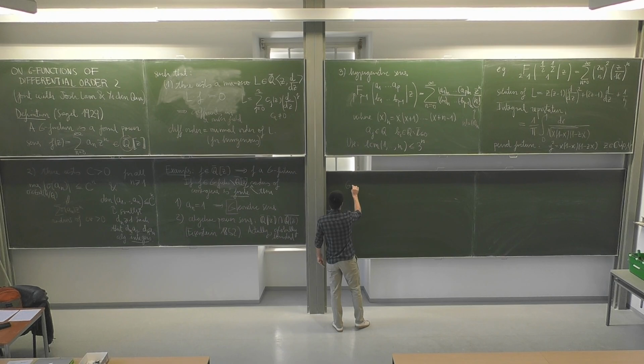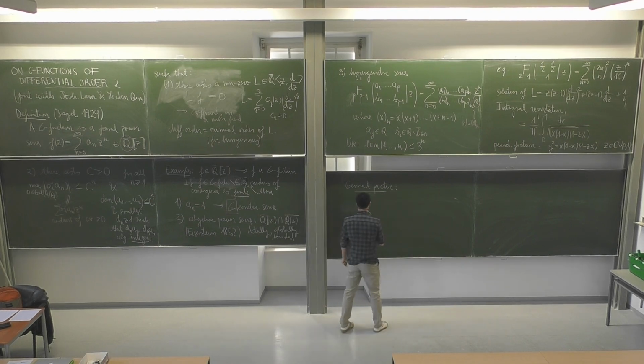The general picture is as follows. We have some space of parameters S, which is inside the affine line, where the coordinate z lives.